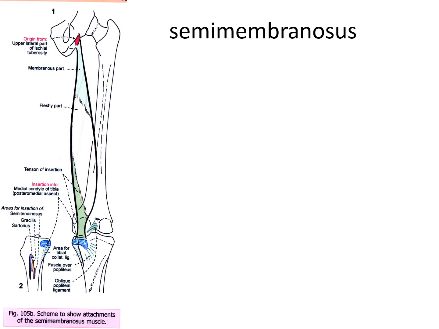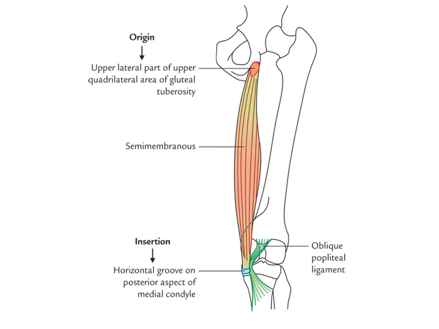Now semimembranosus arises from the ischial tuberosity and inserts on the medial condyle, just behind the medial condyle of the tibia. Here there is the insertion of semimembranosus, either by the oblique popliteal ligament, so there are three types of insertion. One is a horizontal groove on the posterior aspect of the medial condyle.